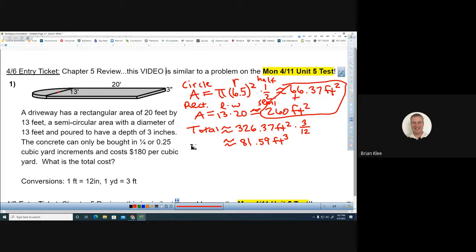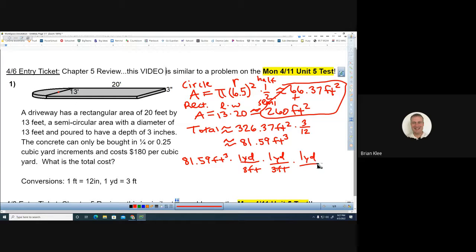So next part, I need to turn the cubic feet into cubic yards. And I do that in one or two ways. My preferred way, all right, 1 yard per 3 feet, 1 yard per 3 feet, and 1 yard per 3 feet.